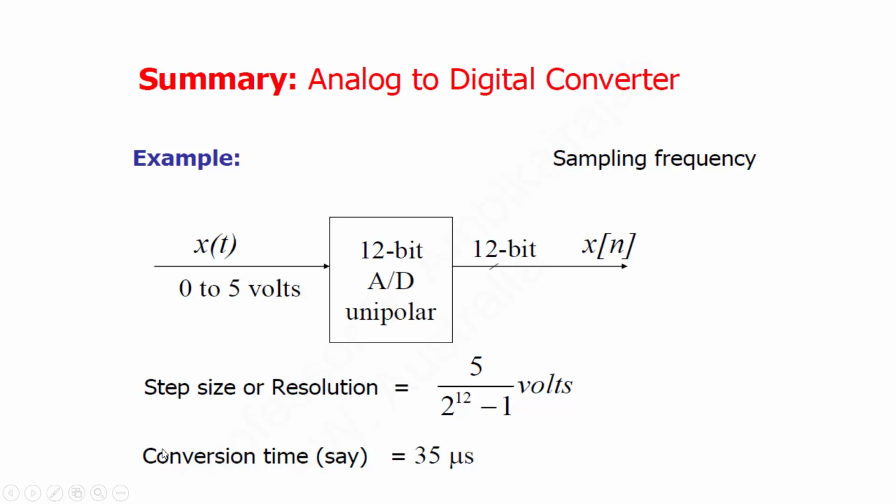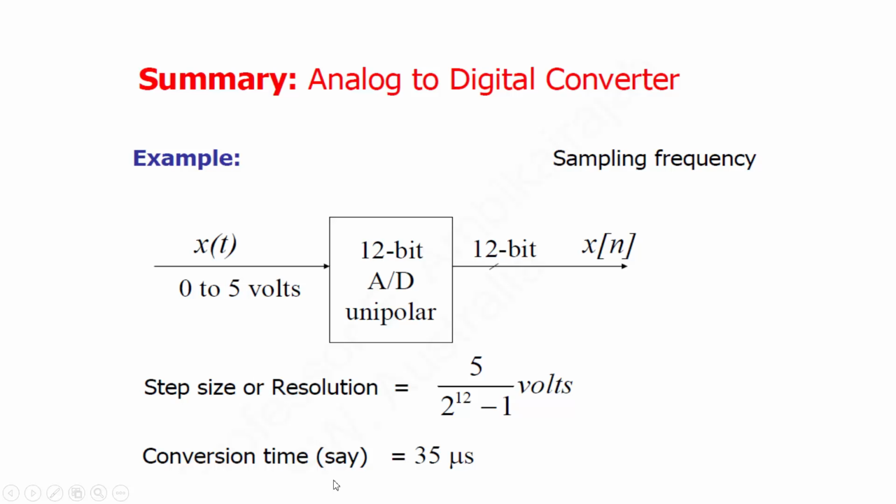Now there is one more specification of an analog to digital converter, which is the conversion time. Say the conversion time of this A to D converter is 35 microseconds. What is the importance of conversion time?